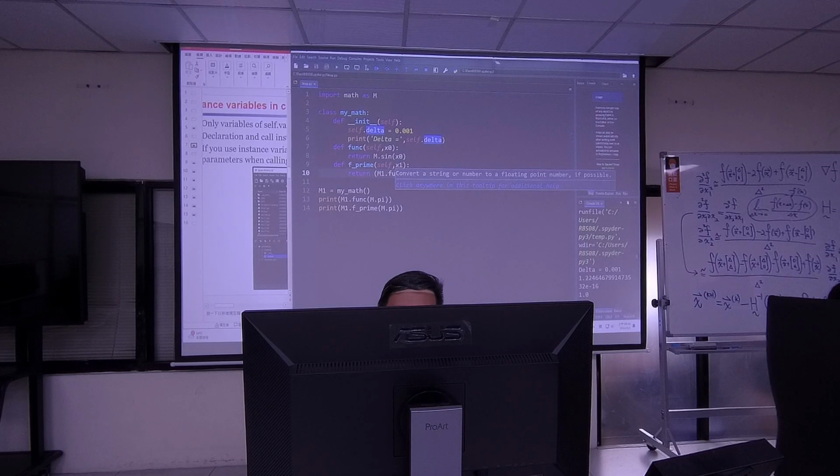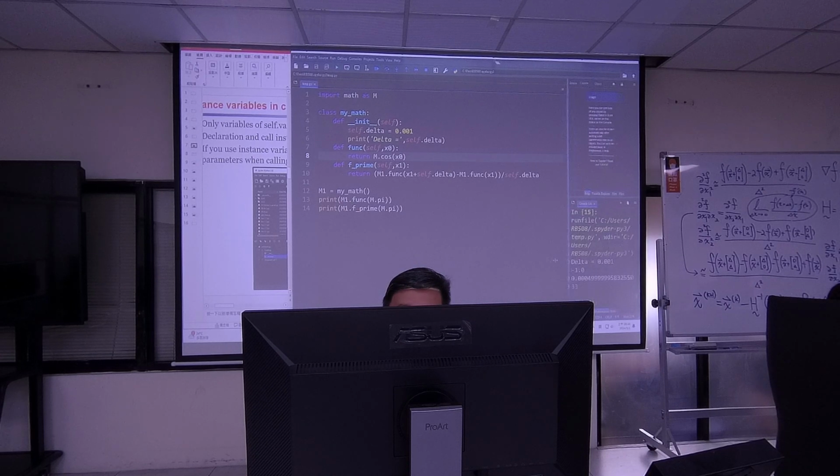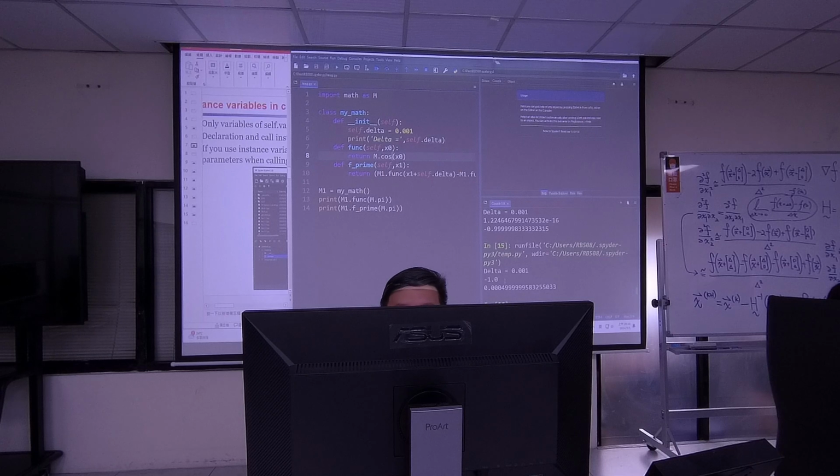Okay, so at the end, this value will be returned back to the printout. So inside f prime, when you call the m1 function, it will go to this function right here to compute whatever function you have. So if I change this to cosine, I only need to change the f function right here and print it out. You can see cosine pi is -1.